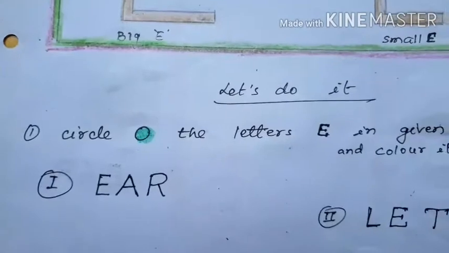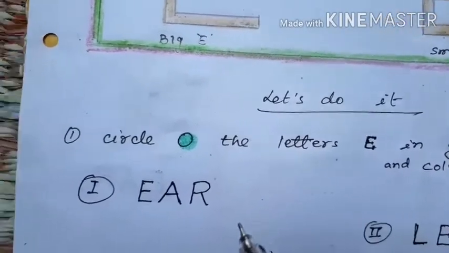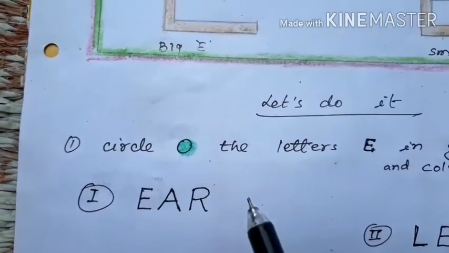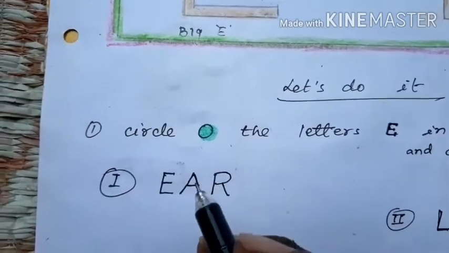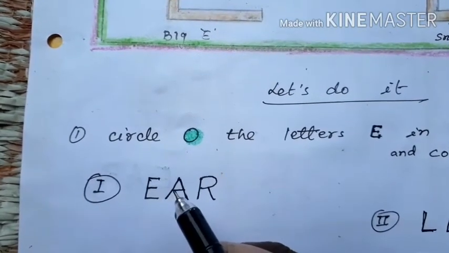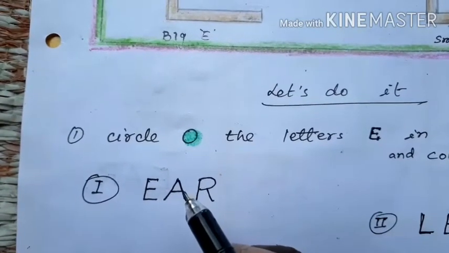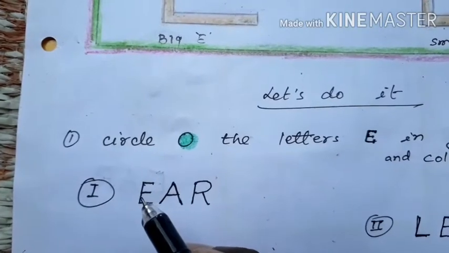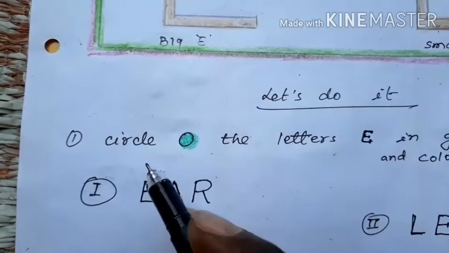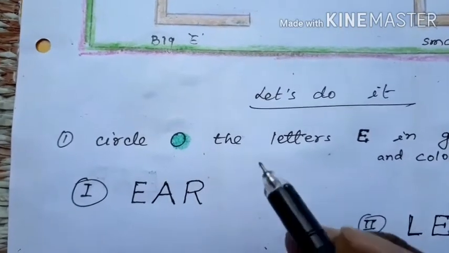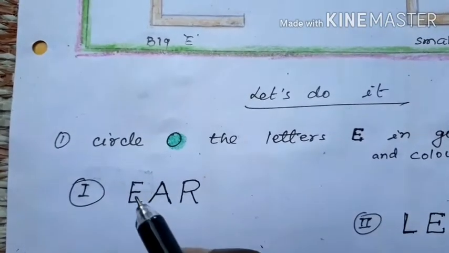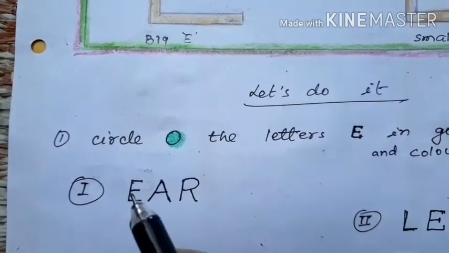Now they have to recognize letter E from this word. Now here we all know E, A, R, but children have to first recognize the letter E, then first they look and match with each other.